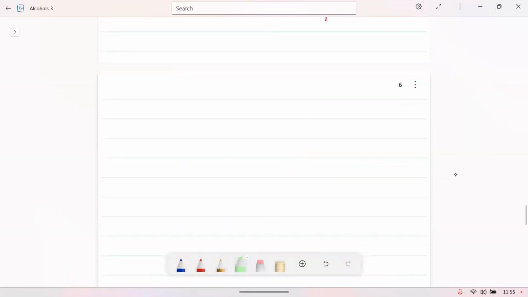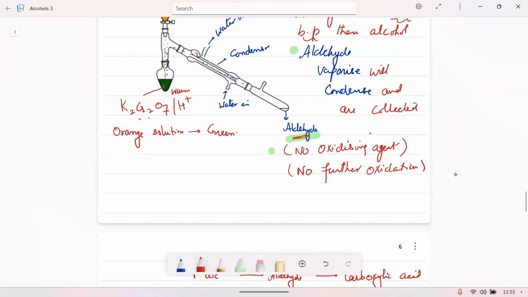The second thing is, if you are doing the primary alcohols oxidation to an aldehyde, and then we need further oxidation of aldehydes to the carboxylic acid, it means we don't need to separate the aldehyde. We don't want the aldehyde to go over here. We want the aldehyde to stay in the flask.